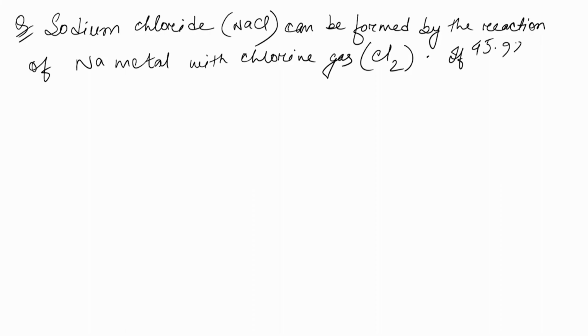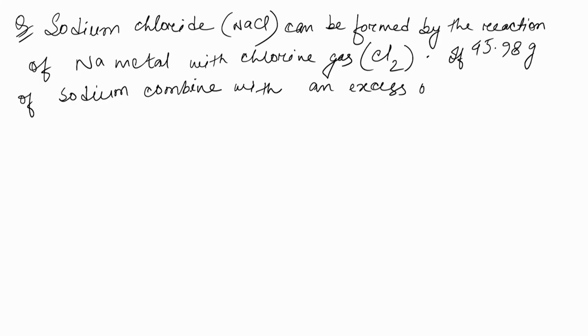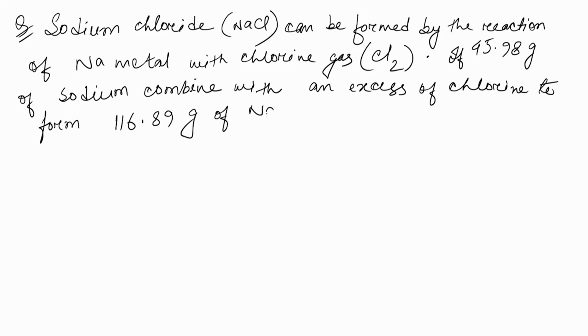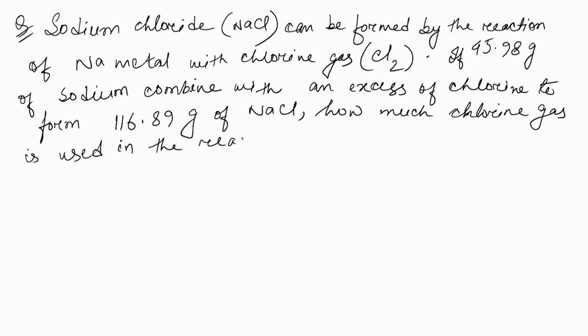If 45.98 grams of sodium combine with an excess of chlorine to form 116.89 grams of sodium chloride, how much chlorine gas is used in the reaction?